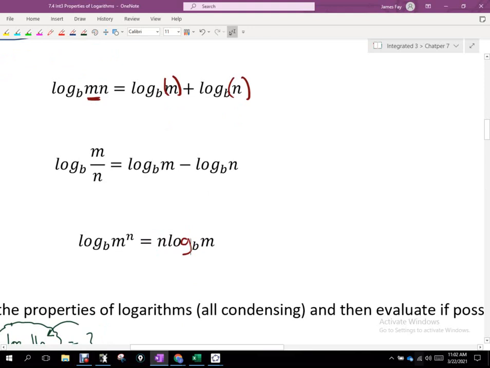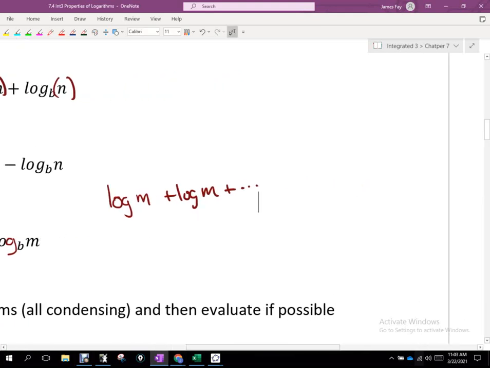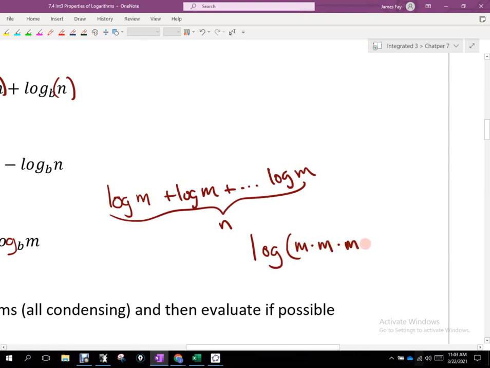This property exists as well. And the reason this property exists, think about this. If I have log of m plus log of m plus, and I keep doing that, keep adding logs of m together, but I do that n times, wouldn't that turn into log of m times m times m times m, but n times?